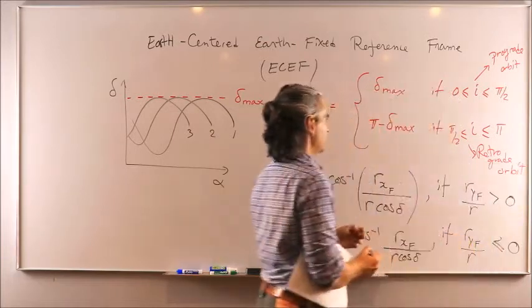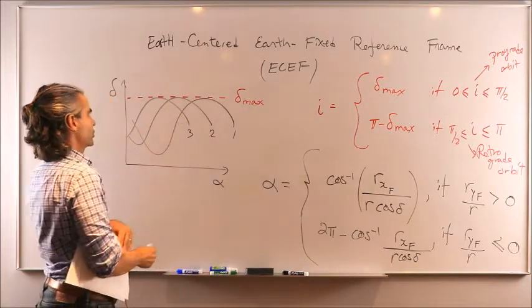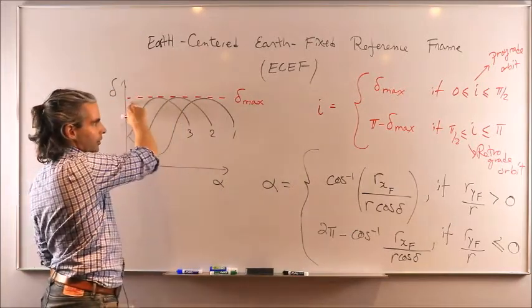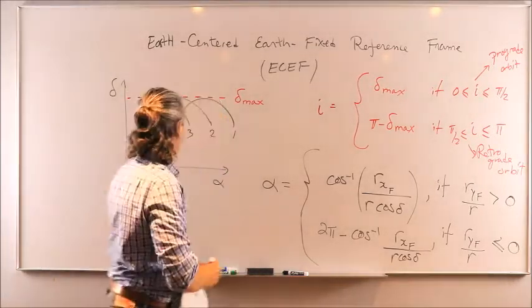All right, just a quick interesting fact about ground tracks. Just look visually at the maximum latitude reached, and that gives you an indication of the inclination of the orbit itself.